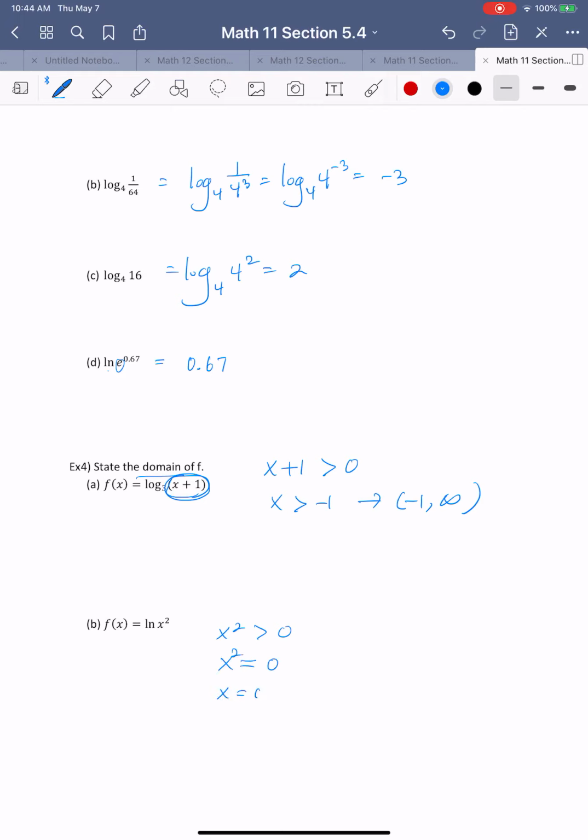But this is only the 0 though. So when you use a 0 here, and then if you use a test point with negative 1 and 1, plug it in, always true. So everything is okay except the 0. So the domain will be all real numbers except the 0. The 0 makes it undefined. The other numbers are fine.